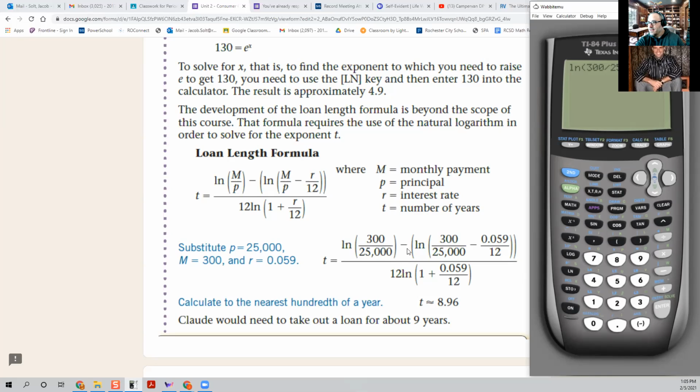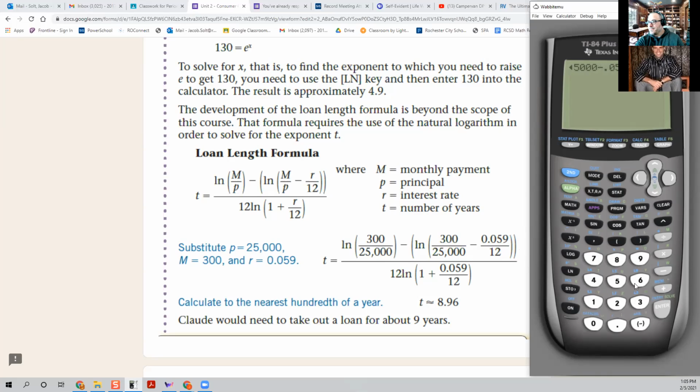Then minus another parentheses, the natural log, pressing this LN button, 300 divided by 25,000 again. The 300 is the monthly payment Claude is willing to pay. 25,000 is the amount that he wants to borrow, minus the rate divided by 12. That's 0.059 divided by 12 for 12 months every year. Close the parenthesis again, just like I've got two parentheses here.